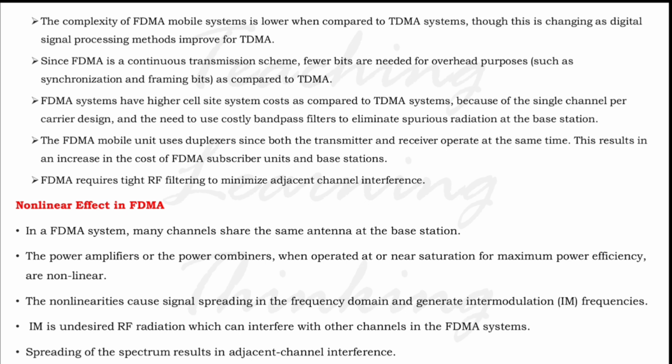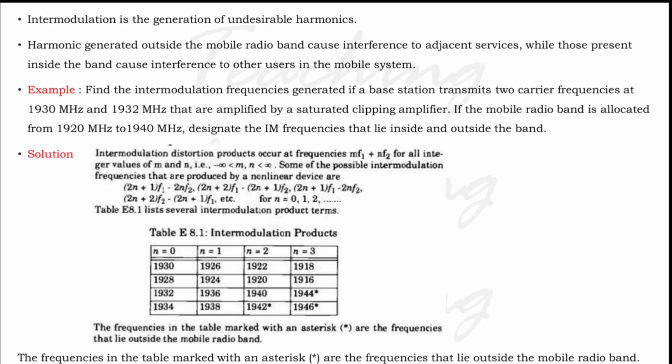These intermodulation frequencies are undesired RF radiation. This is not required, and it will interfere with other channels in the FDMA system, and the spreading of the spectrum results in adjacent channel interference. And intermodulation is the generation of undesirable harmonics, and harmonics generated outside the mobile radio band will interfere with the adjacent services, while those present inside the band cause interference to the other users in the mobile system.